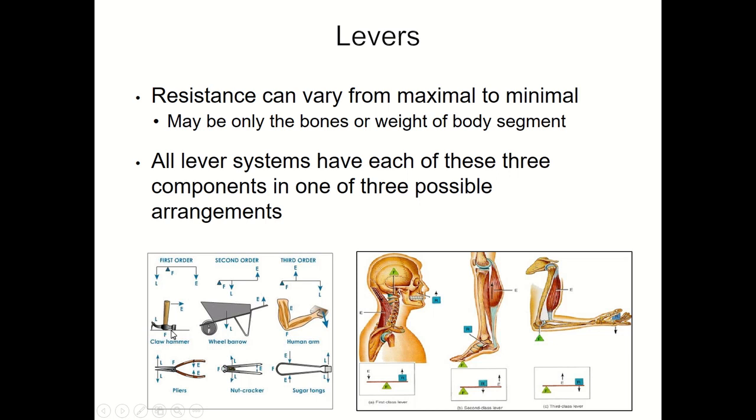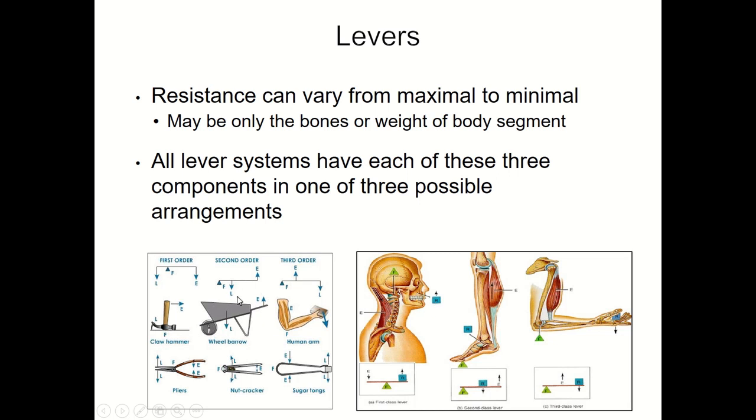So for example, this is a claw hammer where the force is applied in the middle of the lever and the effort. Another example is pliers, okay? And you can see this in the human body here, where you've got your effort here in your scalenes, your fulcrum is in the middle, and then your resistance is via the head.